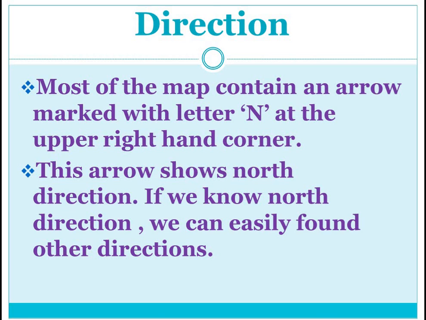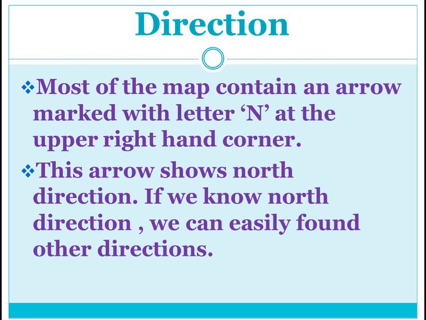And direction is really important to know about the different places. To understand a map in better way, we must know the directions of the places. So that letter N represents north direction, and if there is north direction in that side, opposite to it there will be south direction.